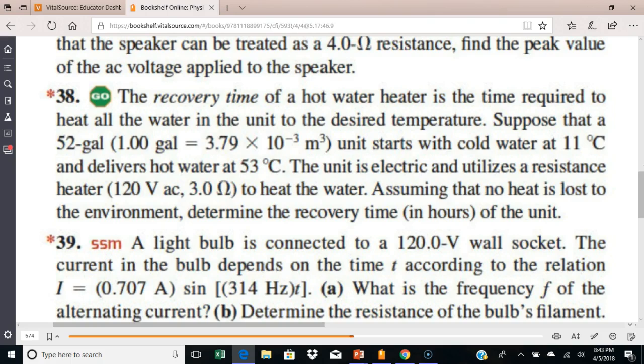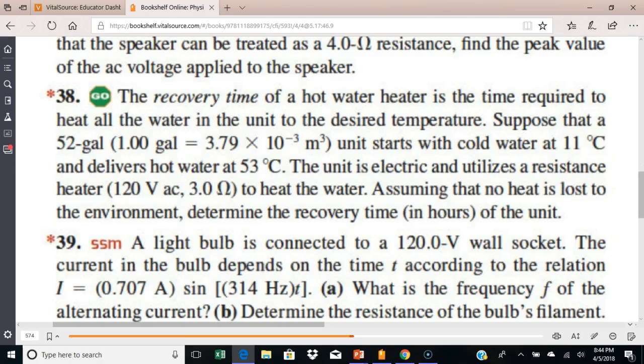The heater starts with cold water at 11 degrees centigrade and delivers hot water at 53 degrees centigrade. The unit is electric and utilizes a resistance heater, 120 volts alternating current, 3 ohms of resistance, to heat the water. Assuming no heat is lost to the environment, determine the recovery time in hours of the unit.